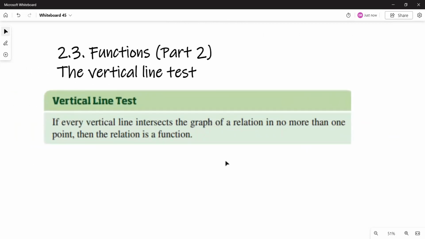If every vertical line intersects the graph of a relation in no more than 1 point, then the relation is a function. So I'm going to go over the example that we did with the graphs, and we will determine whether the relation is a function. This definition of the vertical line test is on page 207, and we're doing example 4.